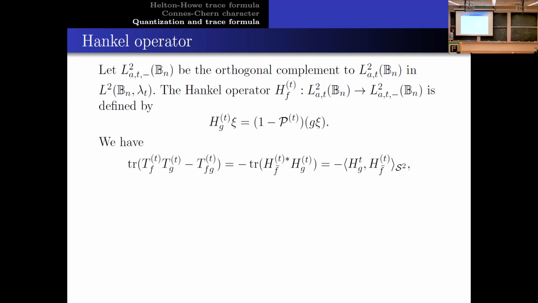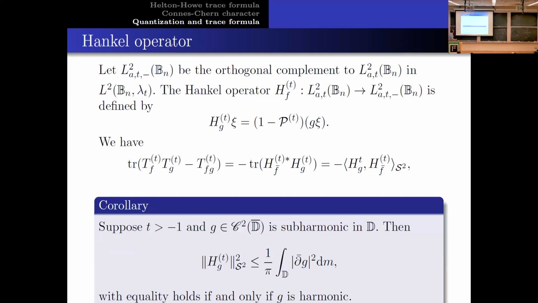So using the formula we just saw, we can try to study the Hilbert-Schmidt norm of the Hankel operators. So this provides us a device to study the Hilbert-Schmidt norm.